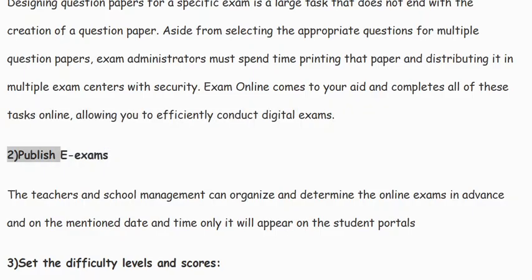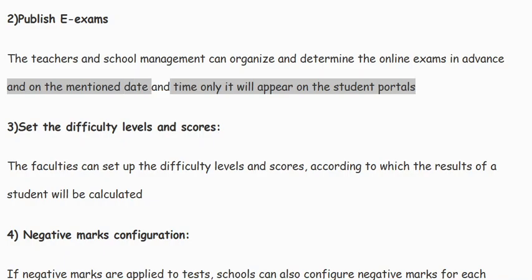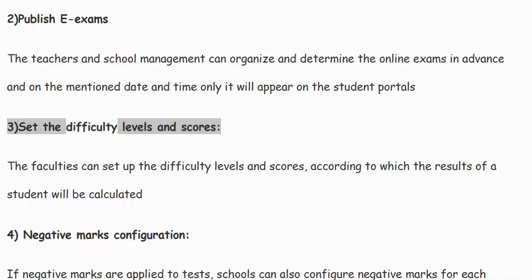2. Publish e-exams. The teachers and school management can organize and determine the online exams in advance, and on the mentioned date and time only it will appear on the student portals. 3. Set the difficulty levels and scores.